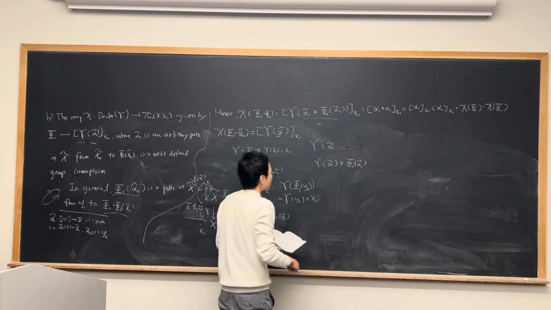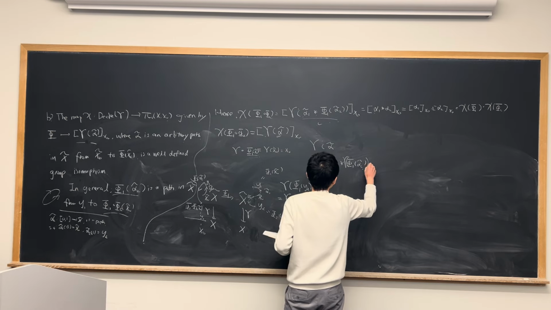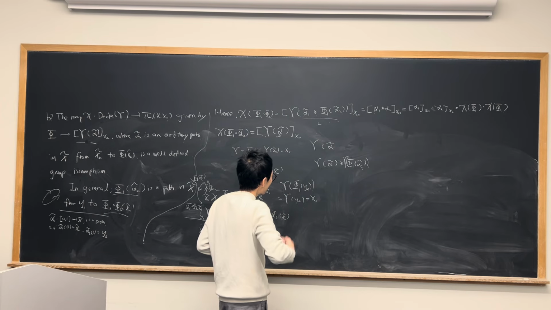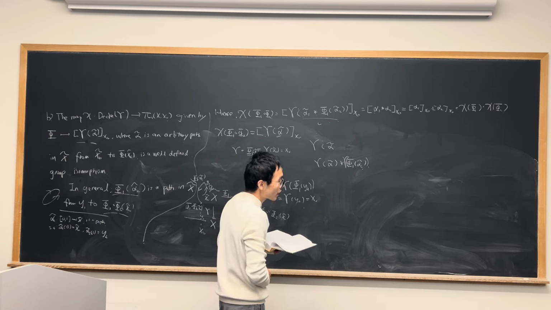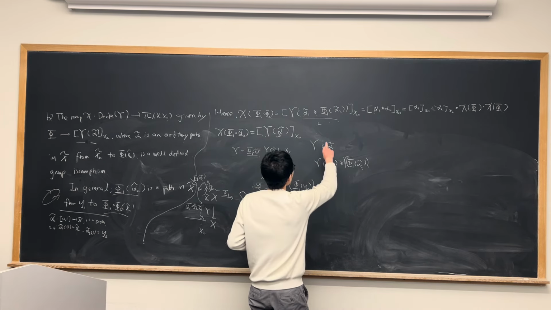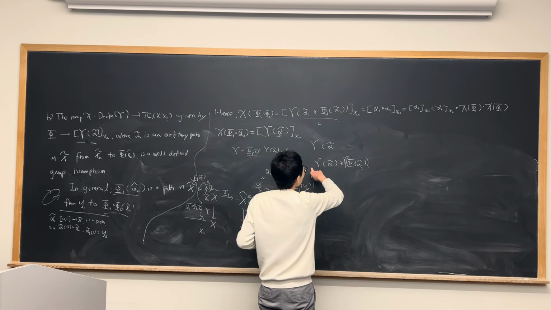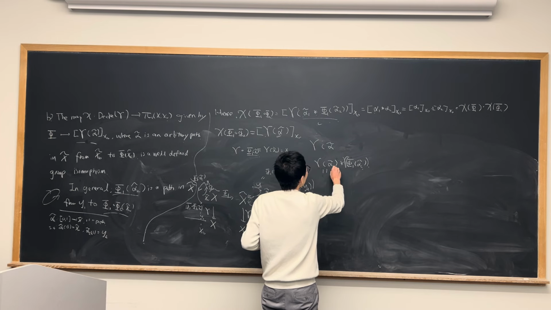So therefore we know that this one is the same as that. We show that this one is alpha 1.